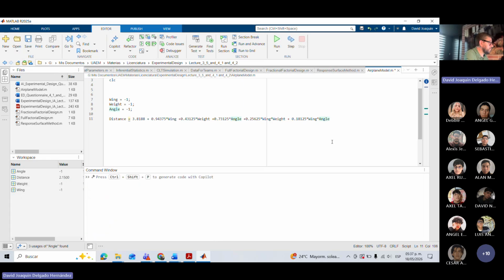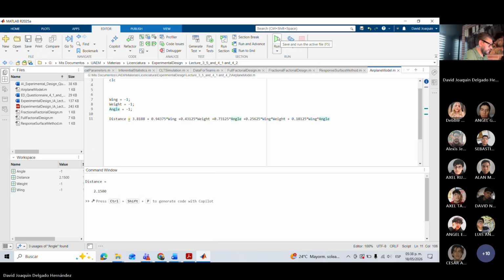Sorry, I am going to erase this in order for me to have the result on the screen. Here we are. So look, the estimated distance with these three values, -1, -1, and -1, is 2.15.